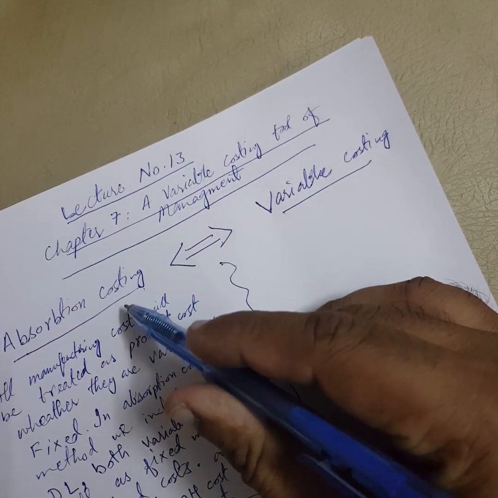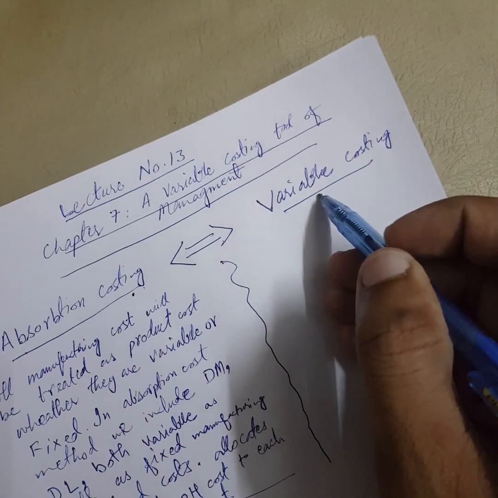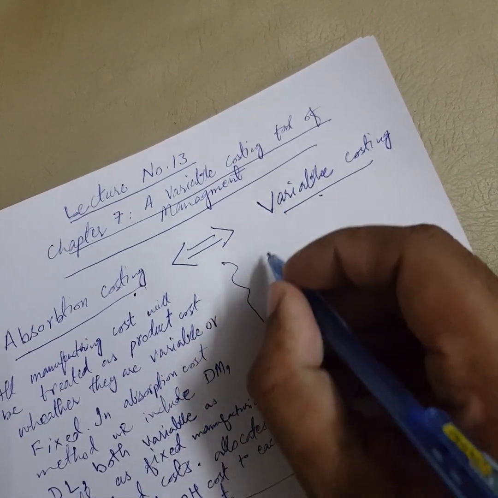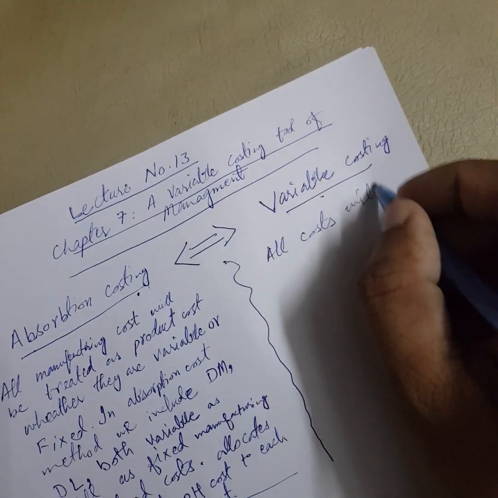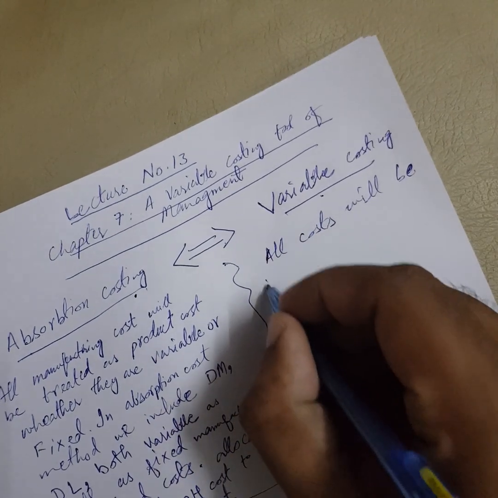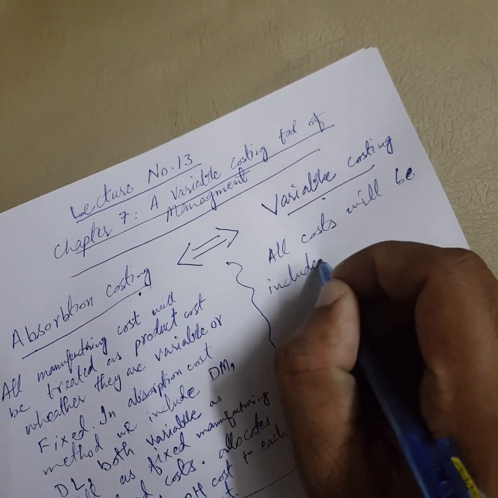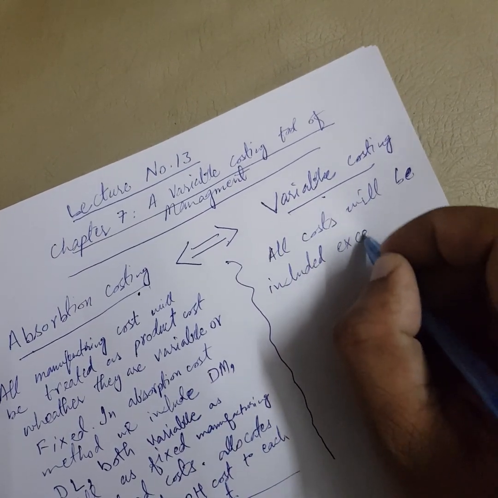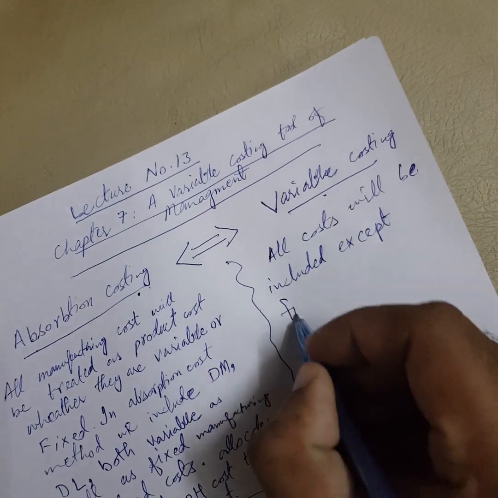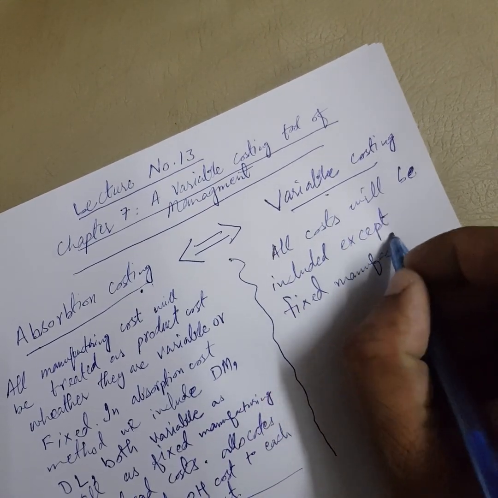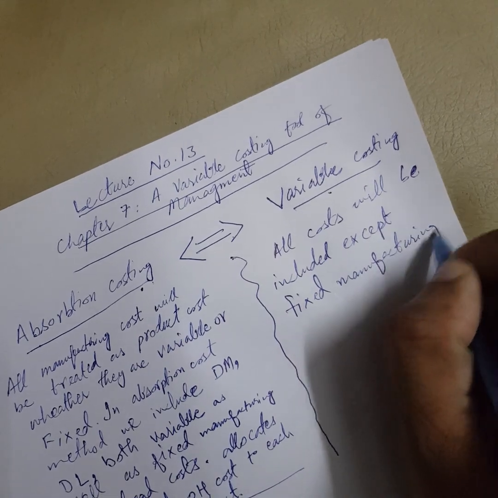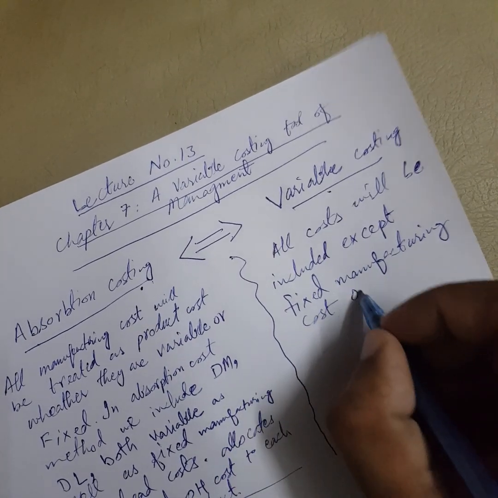The main difference between absorption cost and variable cost is that in variable costing all costs will be included except fixed manufacturing overhead.